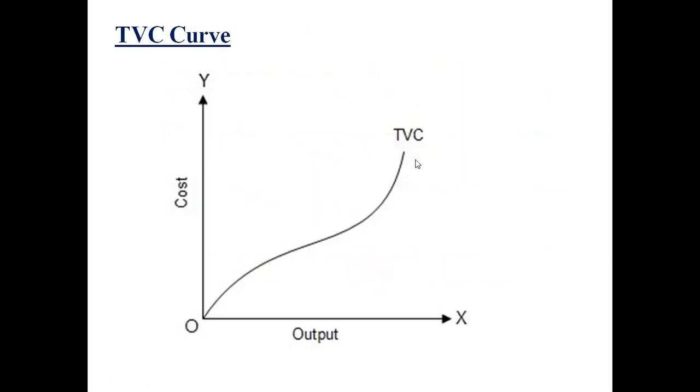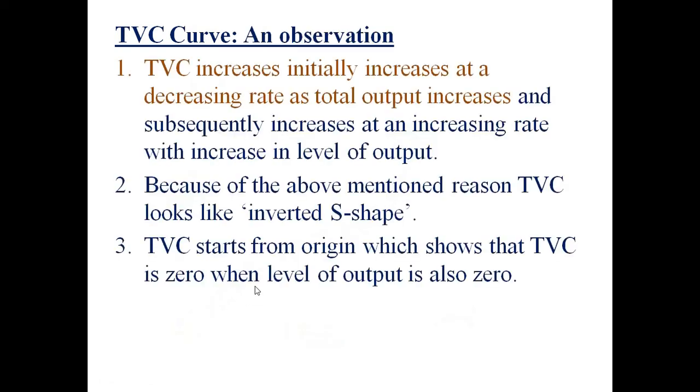Now, when the level of output is increasing, initially TVC increases at a decreasing rate because of the law of increasing returns. It happens because of the increasing returns. Let me just show you out here.